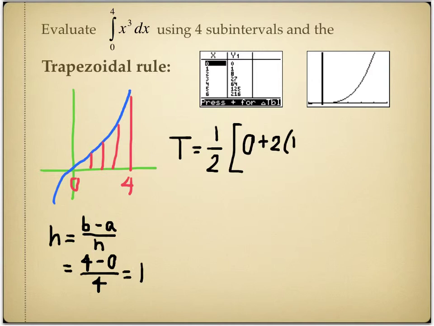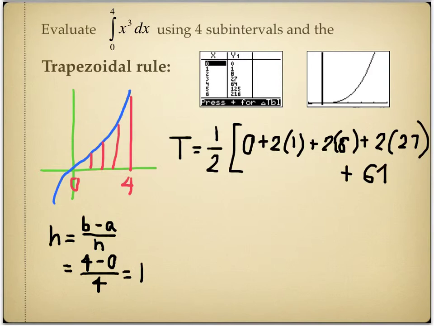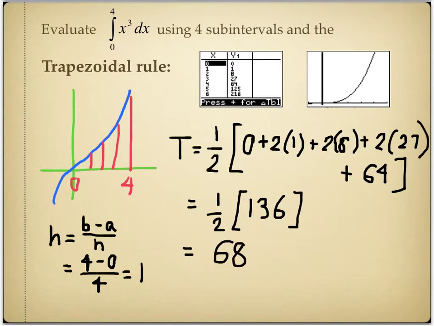So it's going to be 2 times 1 plus 2 times 8, plus 2 times 27, plus the last one, remember I do not multiply by 2, so plus 64. So actually this is going to end up to be 1/2, and if you add up all that stuff in the brackets, it's 136, and half of 136 is 68. So that's the area under the curve from 0 to 4 using the trapezoidal rule.